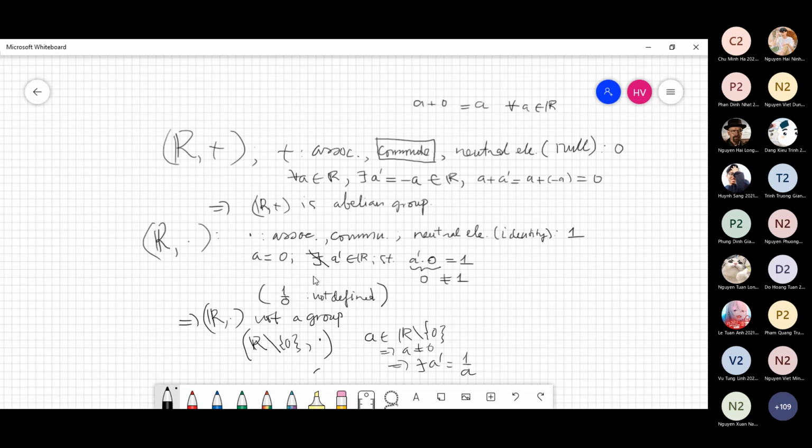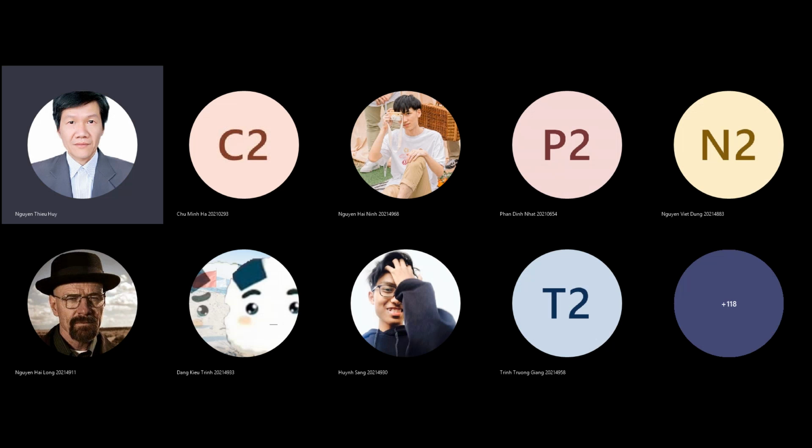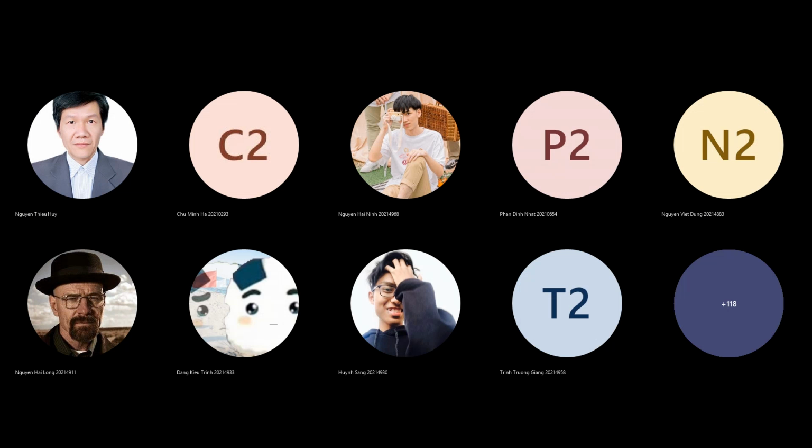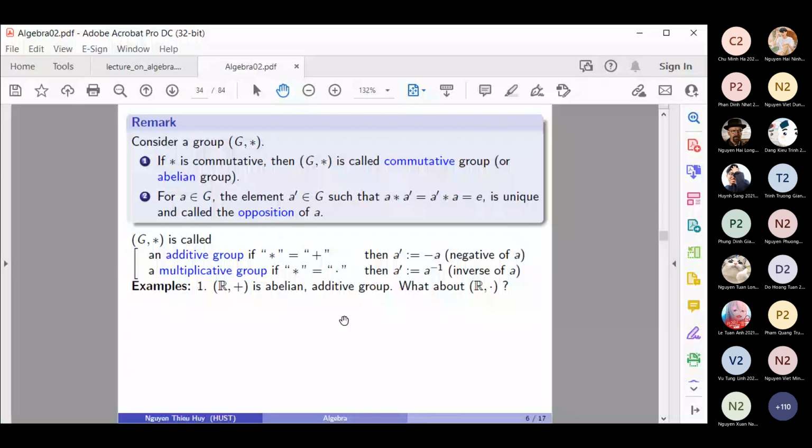When you multiply a prime by a, you obtain 1. This is the next example that I want to give you. Okay, we'll return to the slide.